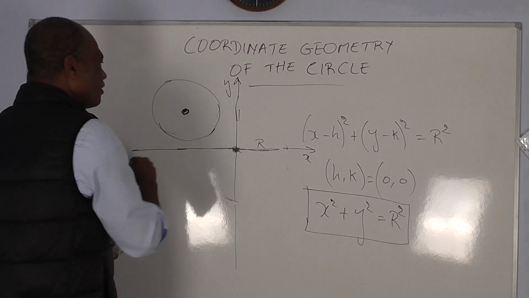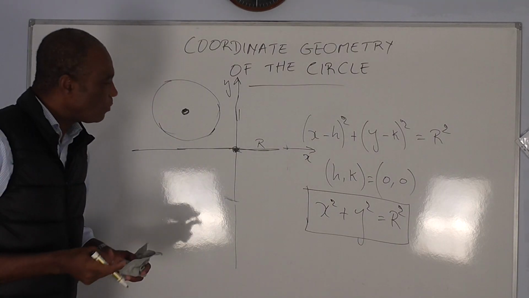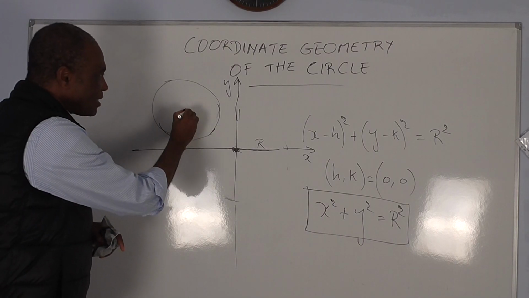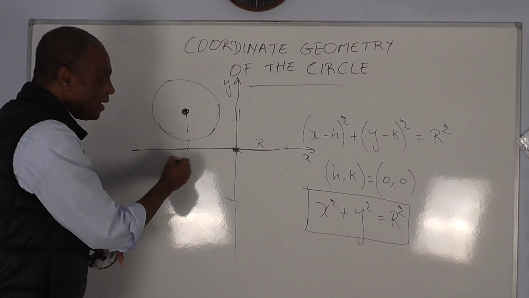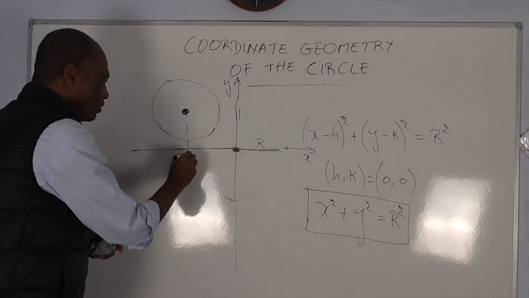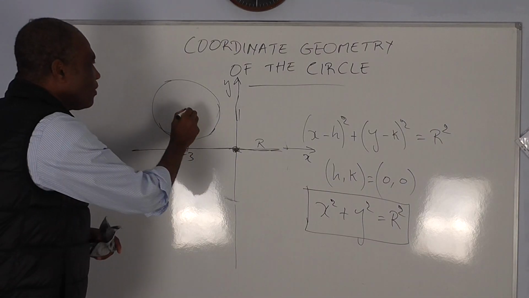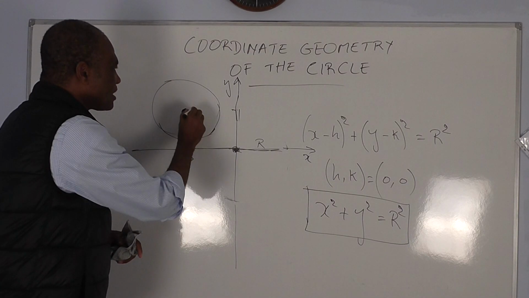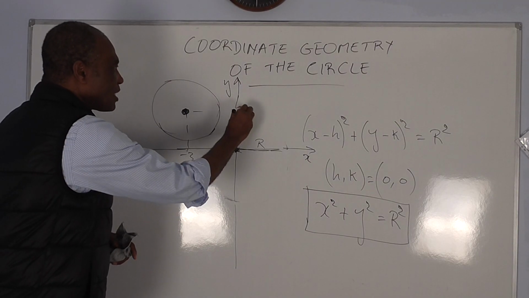The circle is there, for example. So we see that here, if the center is there, x will have a minus value, for example, minus 3, and y we have the positive value, maybe plus 3.